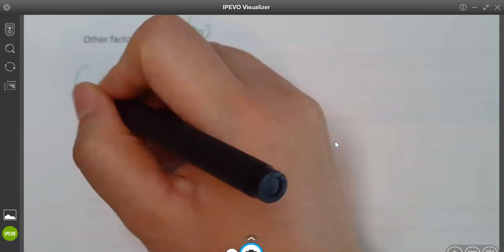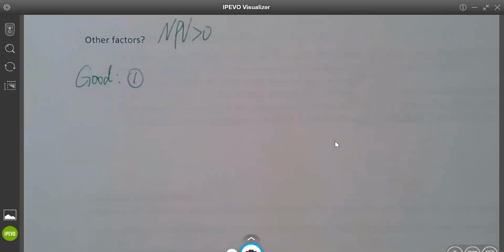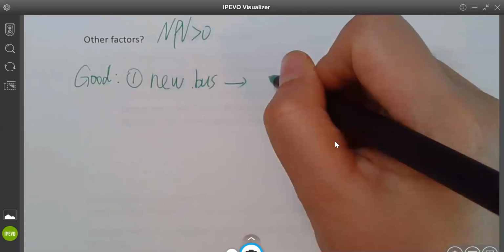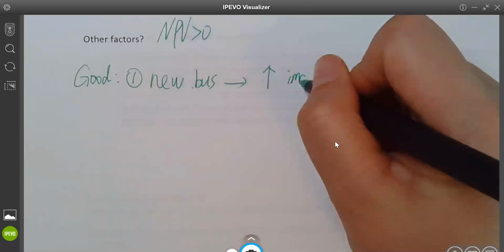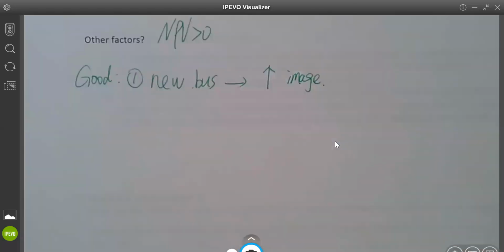So let's think about good things. You have this new hybrid bus, and maybe that will increase your company's image. It's environment friendly, high technology. So people may say you take care of the earth, and customers may like you.